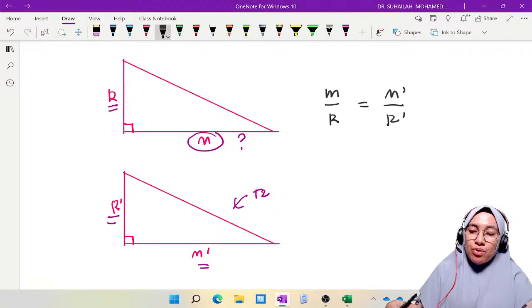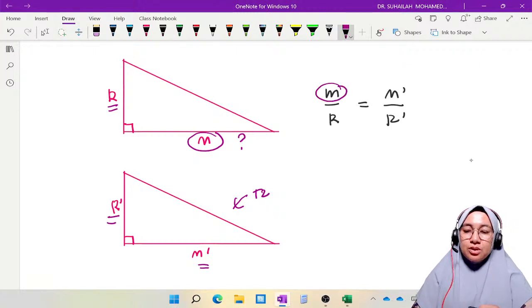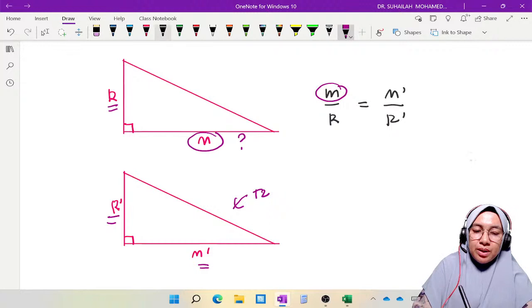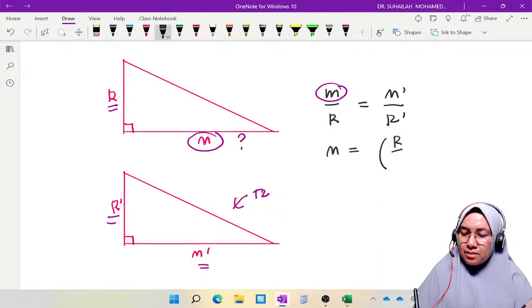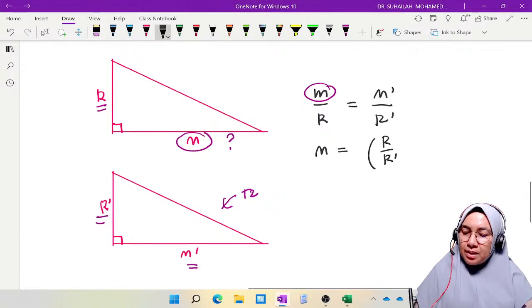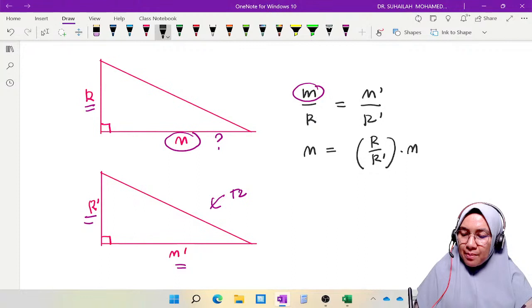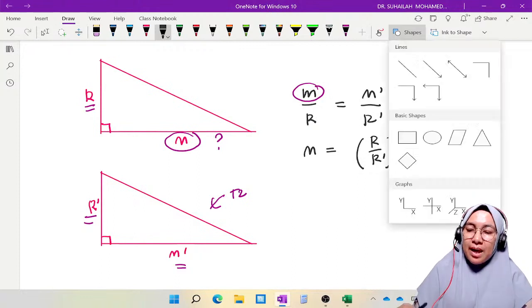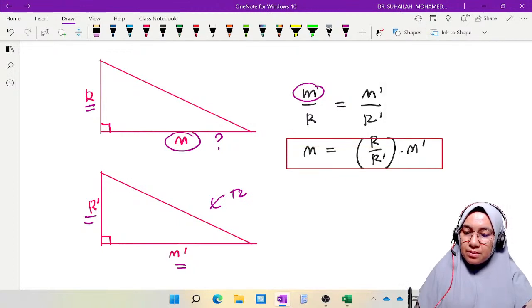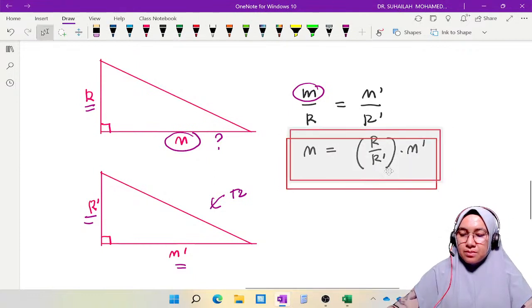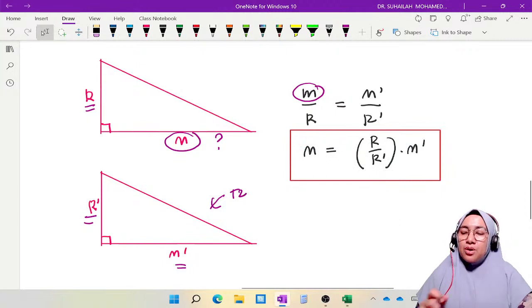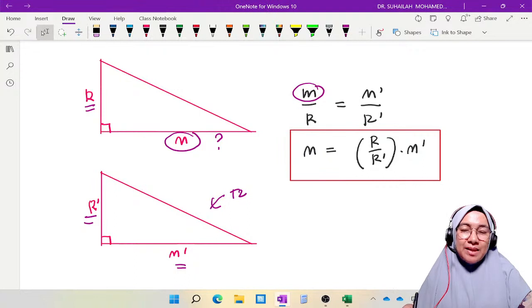What we want is m, so we rearrange: we group r together, and m equals r divided by r prime times m prime.